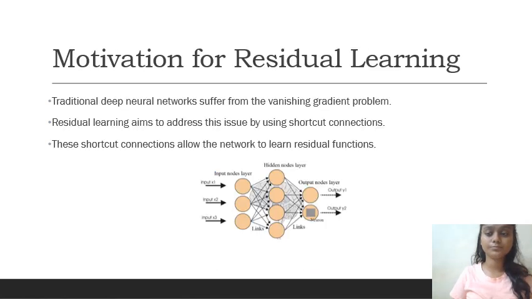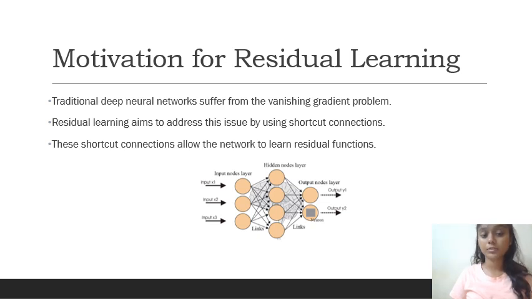Residual learning. Traditional deep neural networks suffer from vanishing gradient problems. Residual learning aims to address this issue by using shortcut connections. These shortcut connections allow the network to learn residual functions.